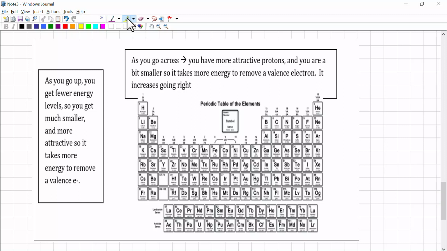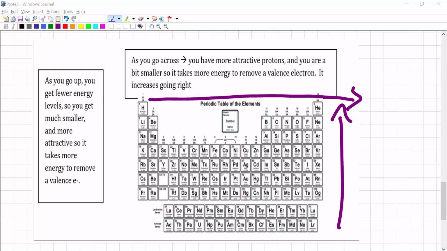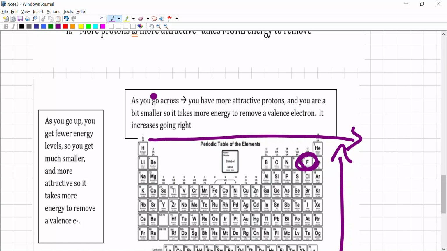Okay? So again, as I go across this graph, you should have these arrows. So who's the best one? Fluorine's the best one. Why? That doesn't make any sense to me. Why would that be true? Well, as you go across, you have more attractive protons. So look, 19, 20, 21, 22, 23, 24, 25, 26, 27.